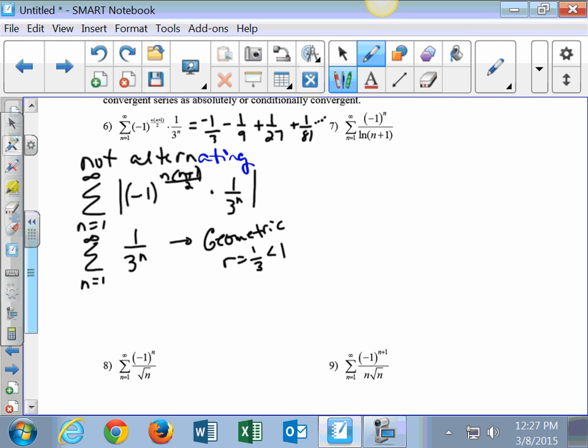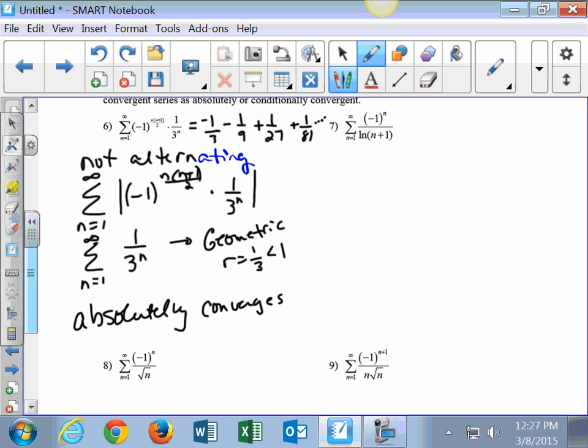And we all know that when we have a geometric series and the absolute value of r is less than 1, it is going to converge. So since we did the absolute value of that series, we know that it's absolutely converging. Absolutely converging is just a very strong type of convergence.